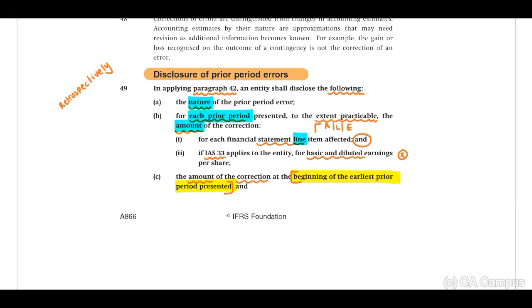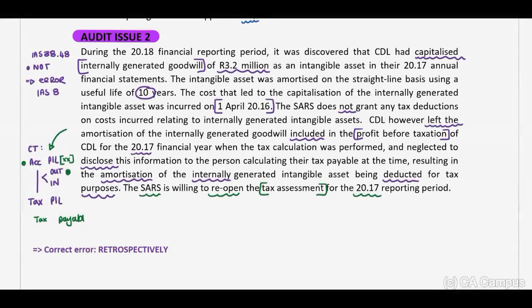Now, let's refer to the given information in Audit Issue 2. You will remember we have identified that we need to correct this retrospectively, therefore going back. Now, with errors, my recommendation is that you need to identify what actually happened. Therefore, number 1, what are the journal entries recognized by the entity, versus number 2, what is the correct method of treating the transaction?